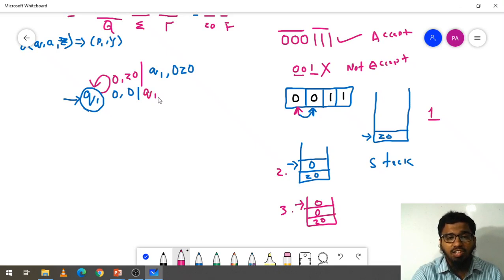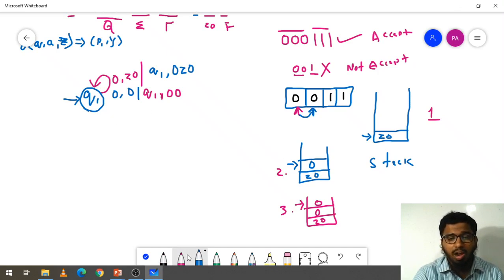First you need to write the state, then 0 0, wherever the pointer was. As we already discussed, whenever the input is 0, at that time we need to add in the stack. So this is first.